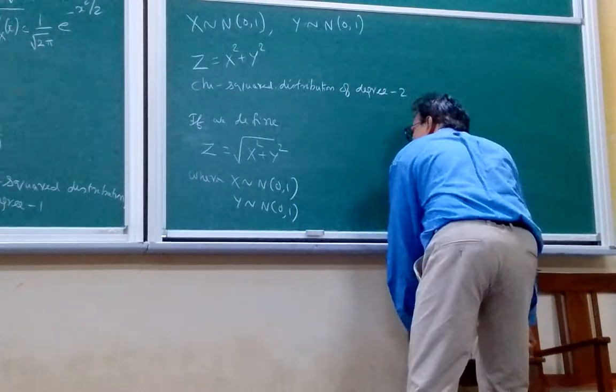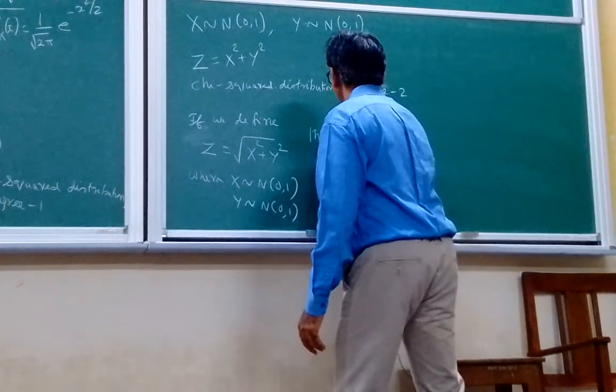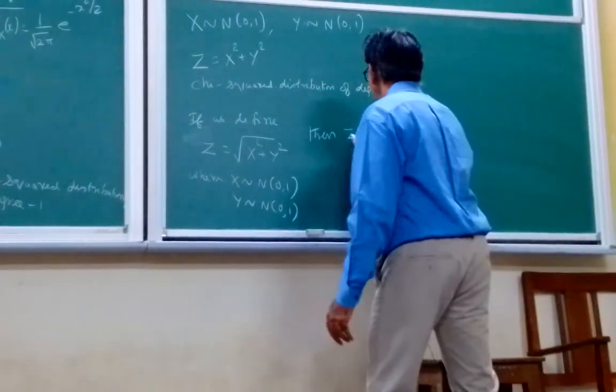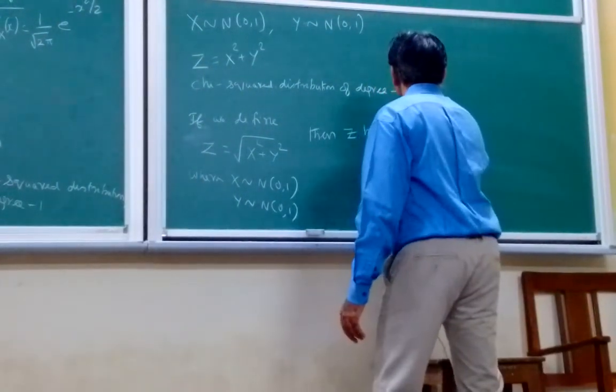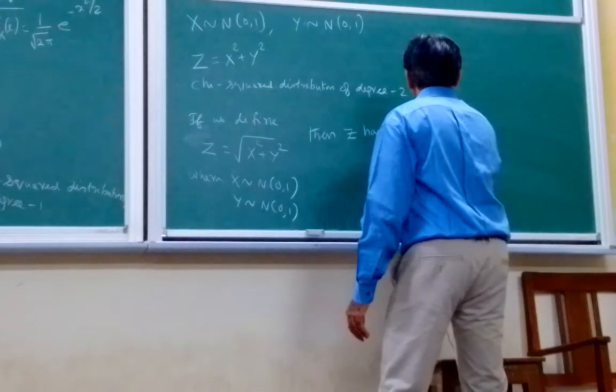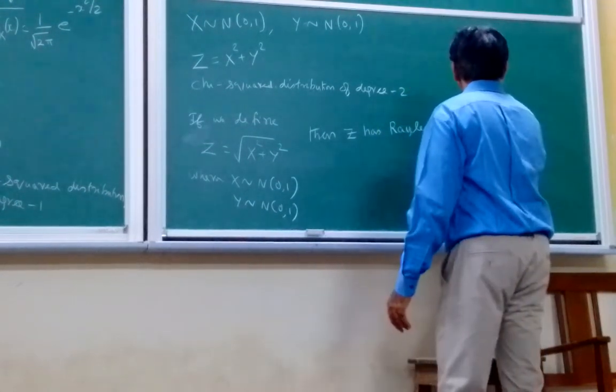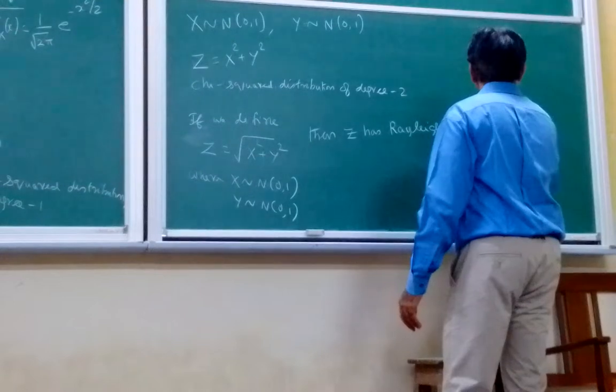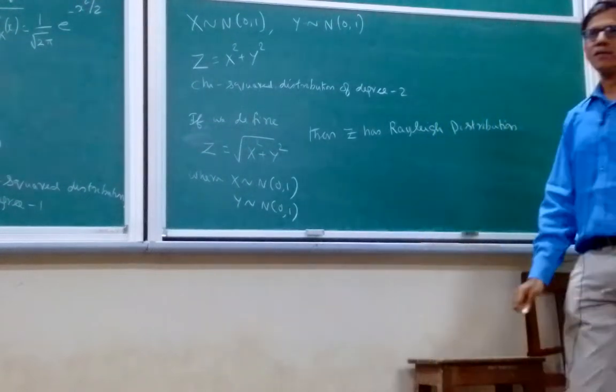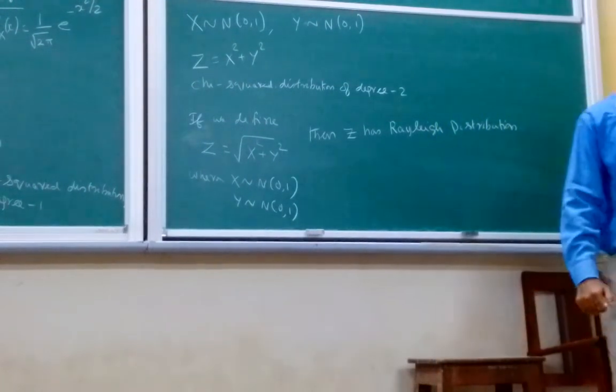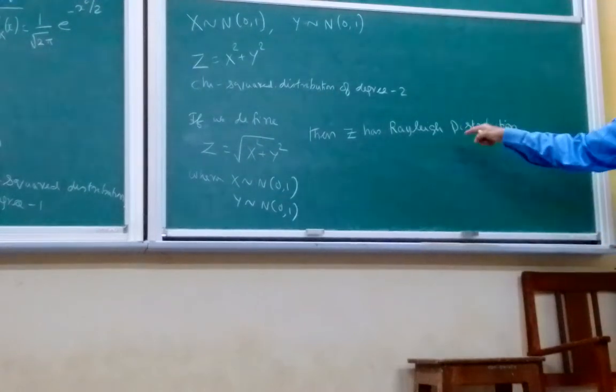Then this we have already encountered. Then z has what is called the Rayleigh distribution. This we have already seen.